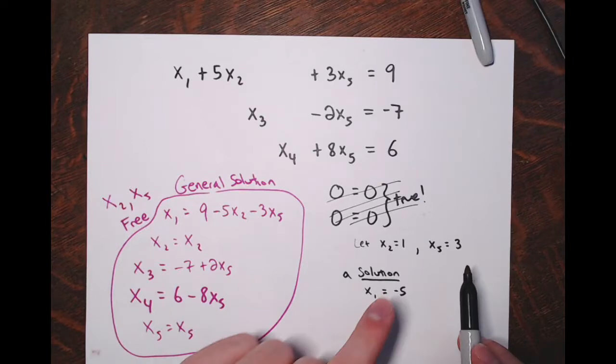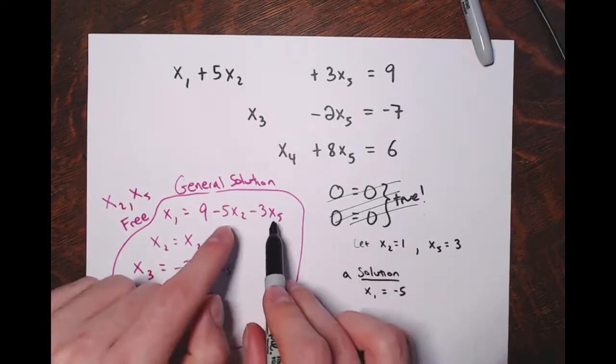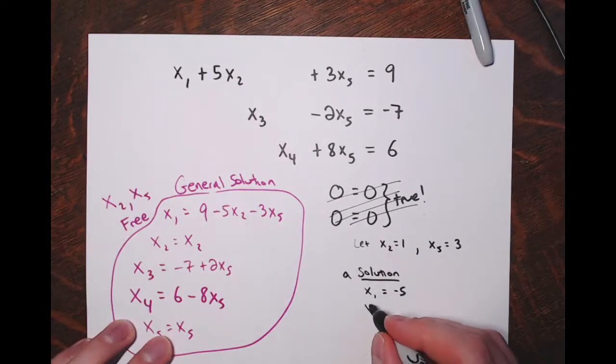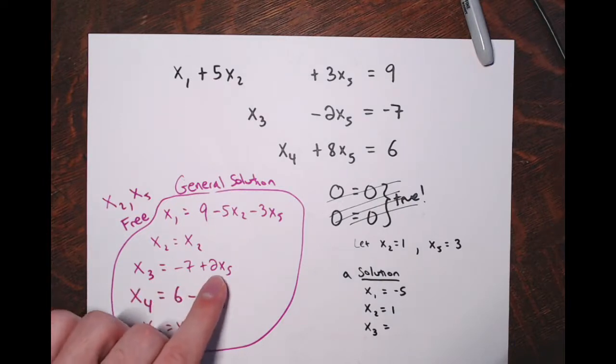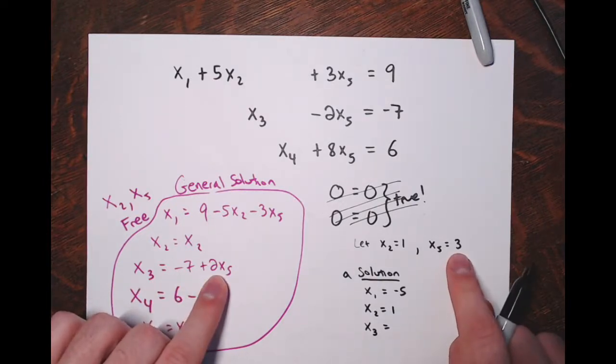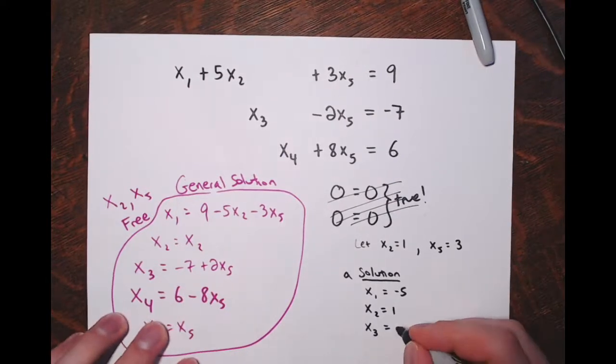So x2 is just 1, the value of x2 there. x3 would be -7 plus 6, 2 times 3. -7 plus 6 is -1.